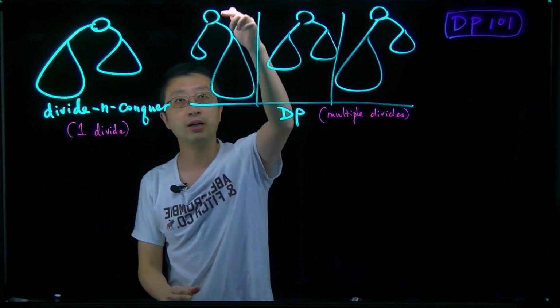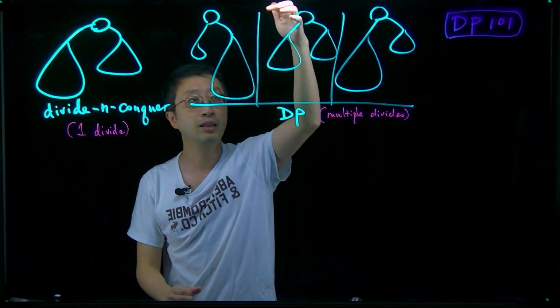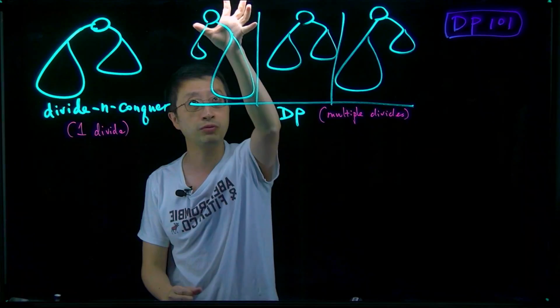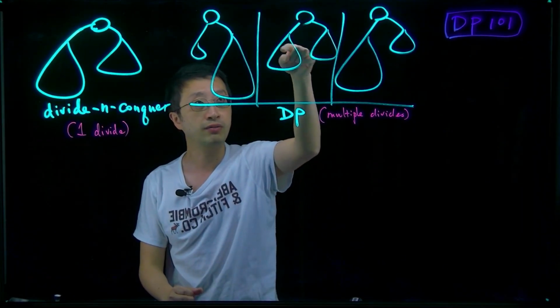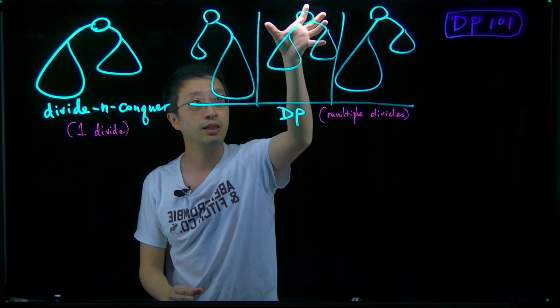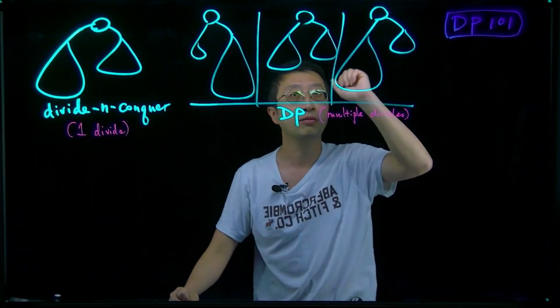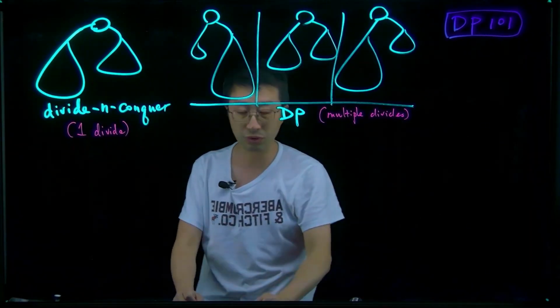In each divide, I will call the 2 recursions, the two conquers to conquer the subproblems, and then combine. So after I combine for the first divide, I get one solution for the whole problem, and then I get another divide, and I call the 2 recursions, and I combine the 2 solutions to form another solution for this whole problem. And then I get a third solution for the third.